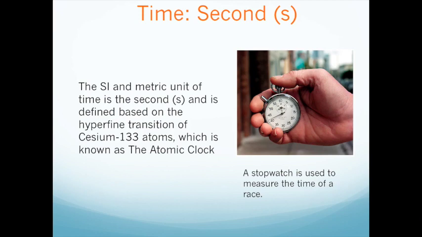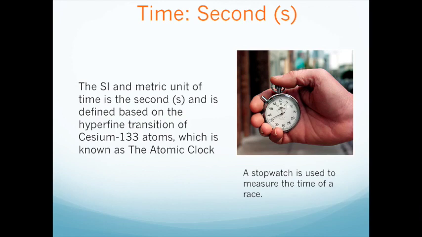Time is measured in seconds, and a fun fact about the second, it's now based on something called the hyperfine transition of cesium-133 atoms, also known as the atomic clock. That is probably gibberish to most of you if you don't have any basis in science, but we'll talk about what that means when we talk about nuclear chemistry.